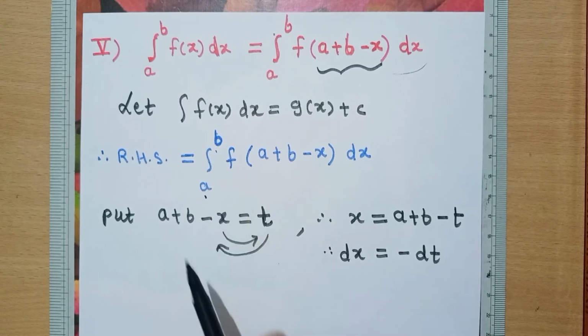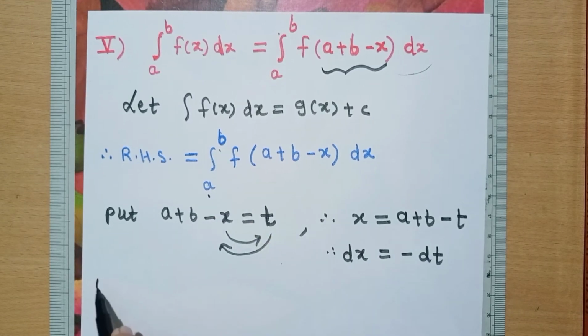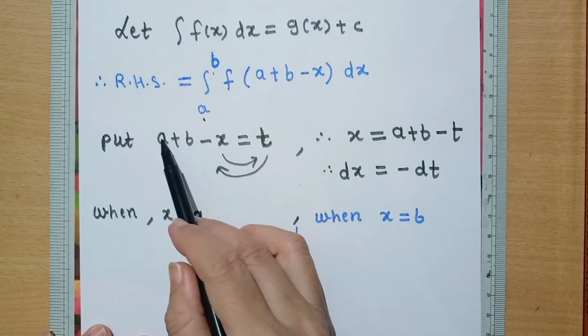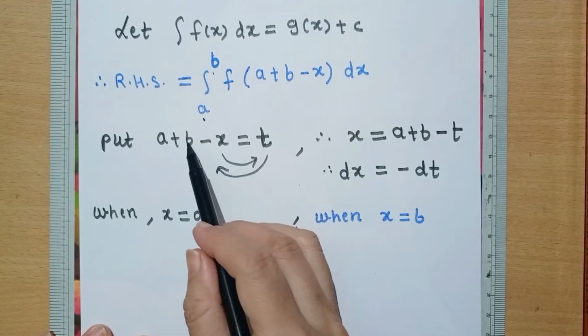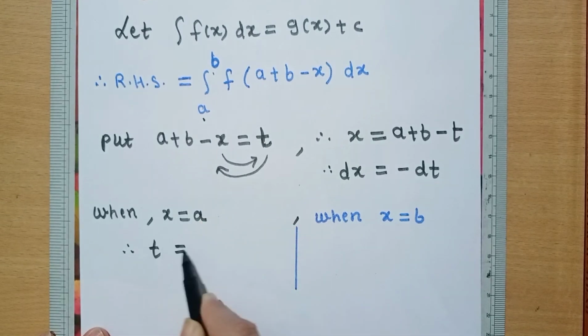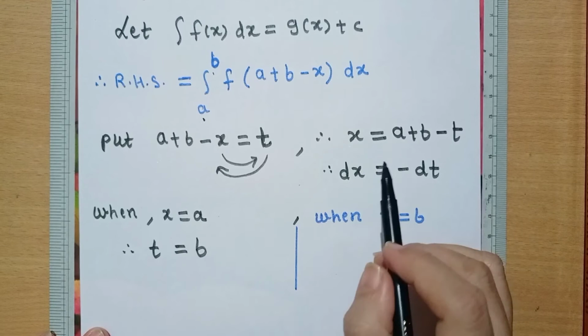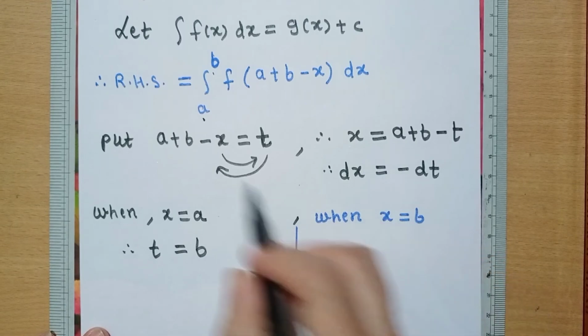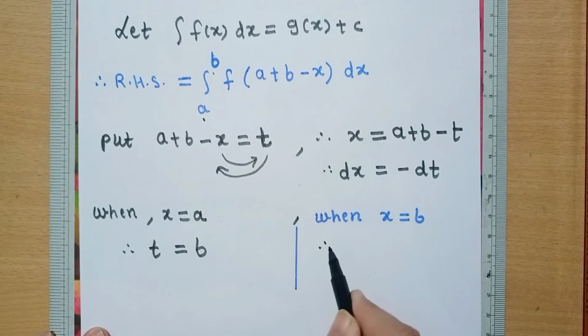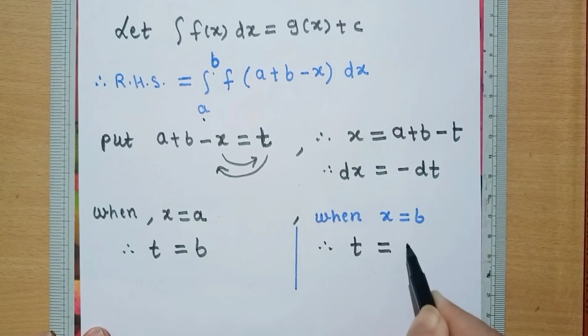And again we have to replace these limits. So when x is equal to a, if I substitute x = a, then plus a minus a get cancelled and the value of t is b, so simply we will write t = b. And if I substitute x = b, then plus b minus b get cancelled and therefore t = a.